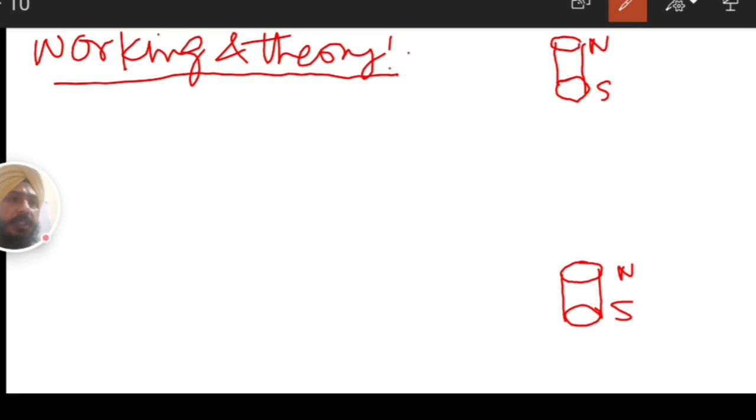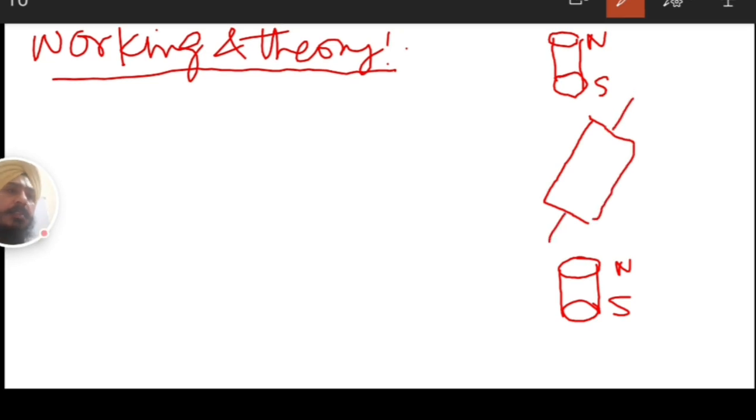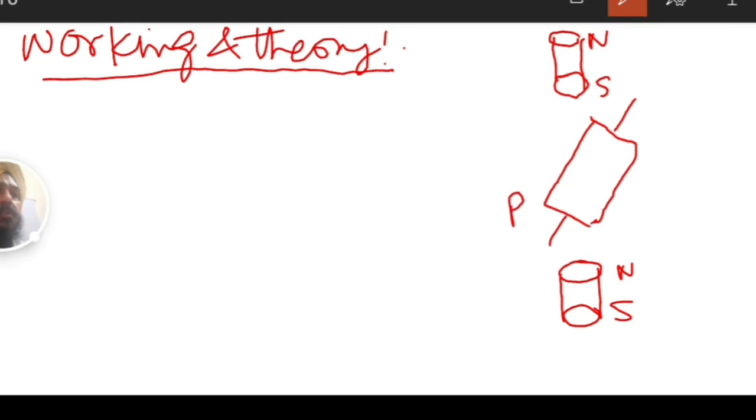Here we have the coil which is placed in between, around which the coil rotates. So this is our point P, this was Q, this was R, and this was S, and we were seeing the coil from this side.